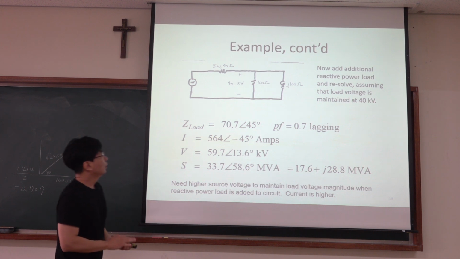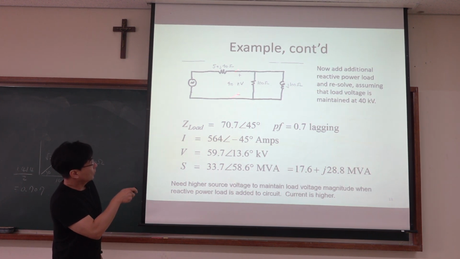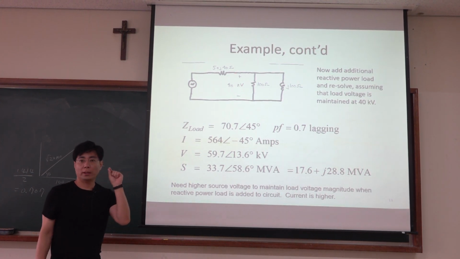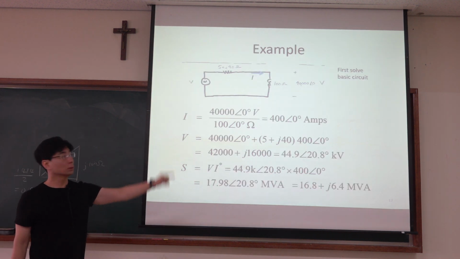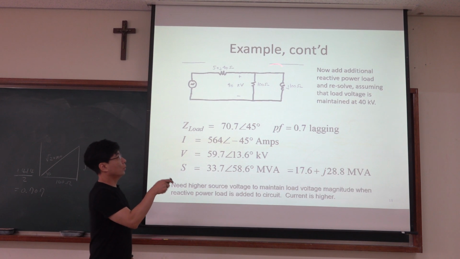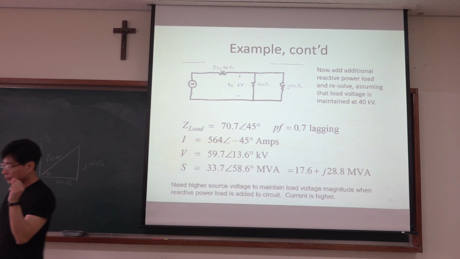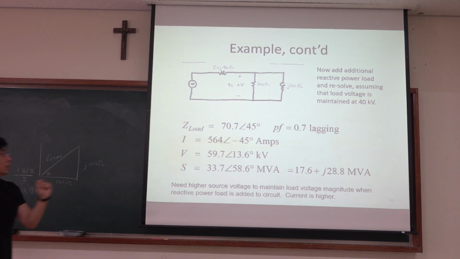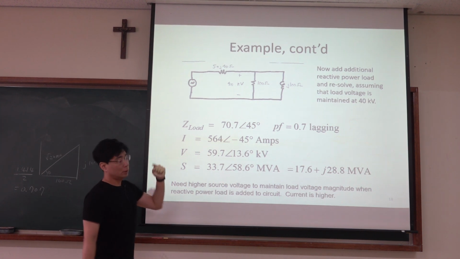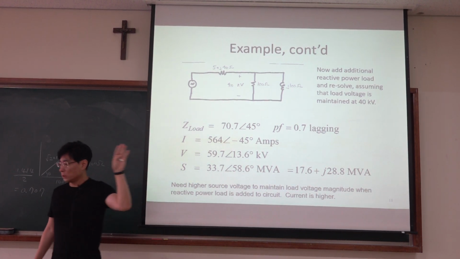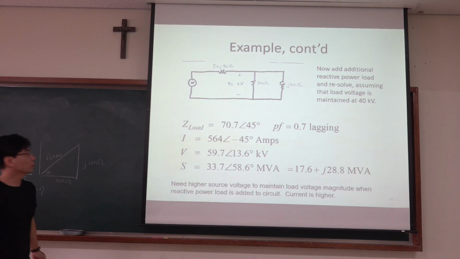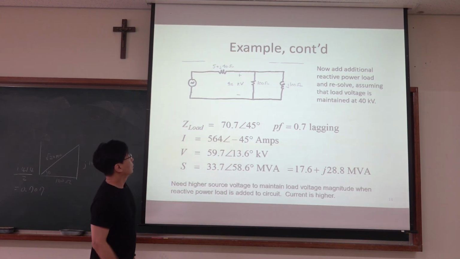Here, focus on this part. We want to maintain the load voltage the same as before, 40 kilovolt, and we only change the load impedance to that value. Then the current changes and the source voltage changes, and we want to compute that.